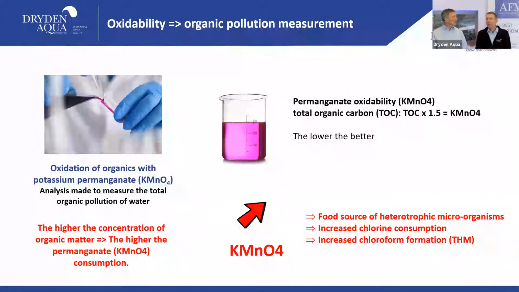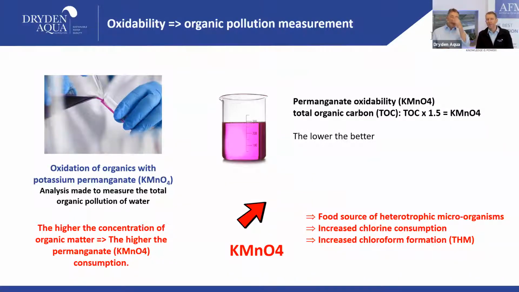So K-4 is an oxidant that you add to the water. While it is oxidizing the organics, it gives you a very precise measurement of how much organic contamination is in the water.